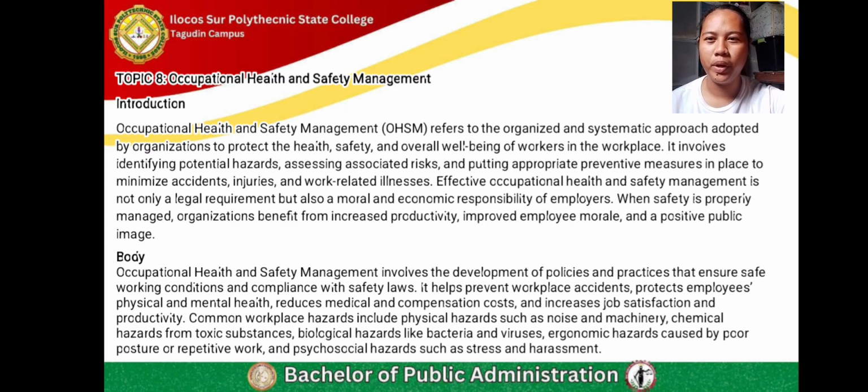Topic 8: Occupational Health and Safety Management. Occupational health and safety management is a structured approach organizations use to protect employees' health, safety, and well-being at work. It focuses on identifying workplace hazards, assessing risk, and implementing preventive measures to reduce accidents, injuries, and occupational illness.